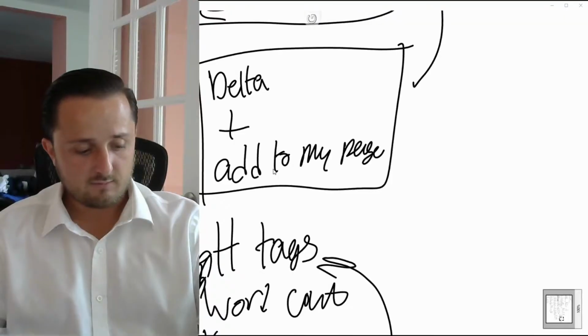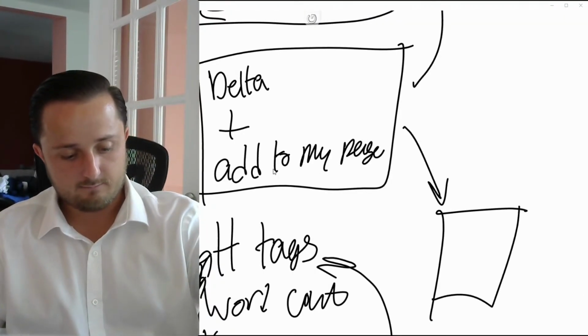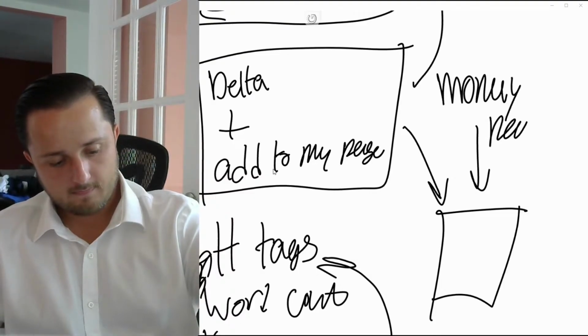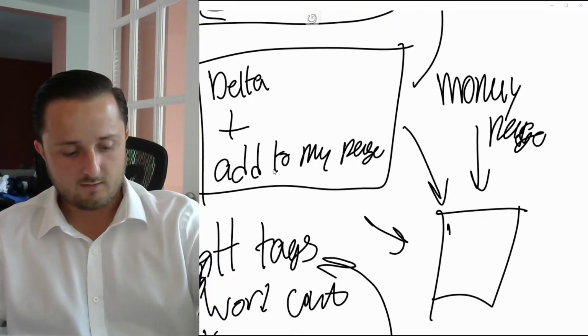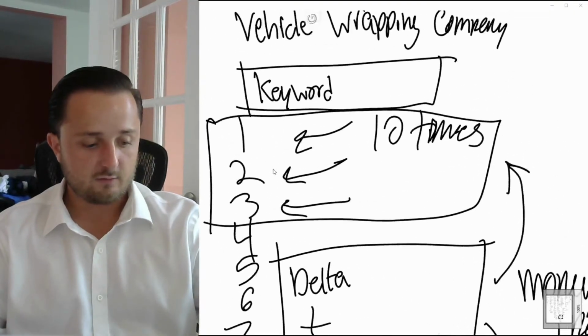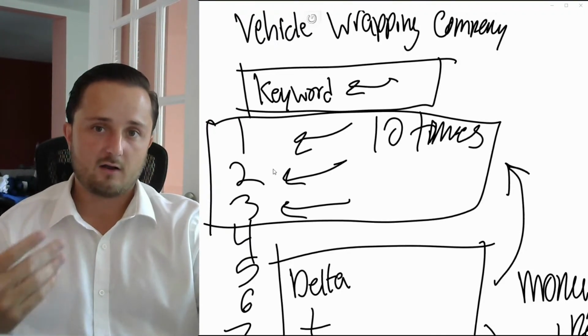Now, I want to make sure I say this. I want to be clear. This is going to be on my money page. This is going to be the page I want ranking in Google in that first position. So when they go to search for this keyword, which is going to be my main service or another service that I offer, right?